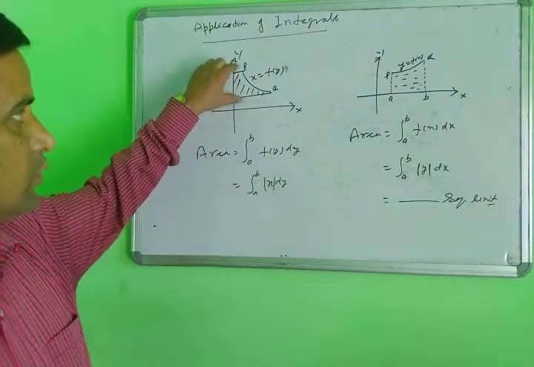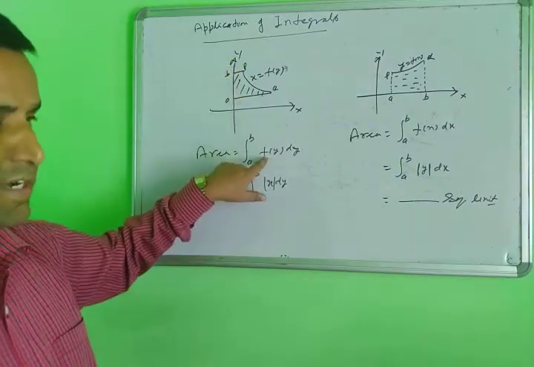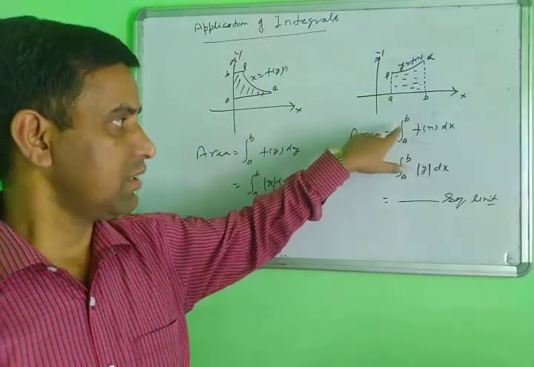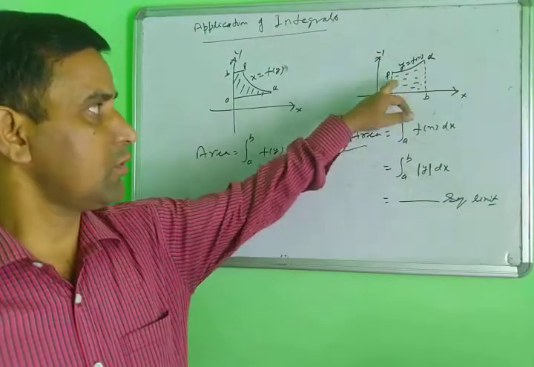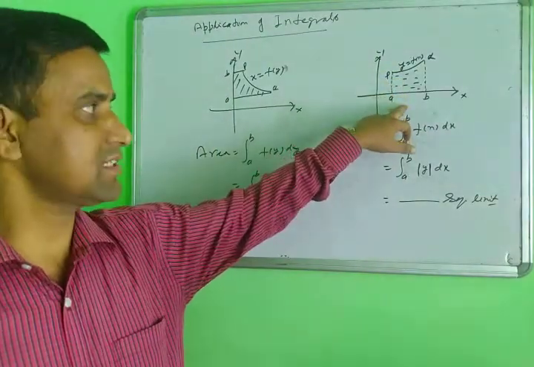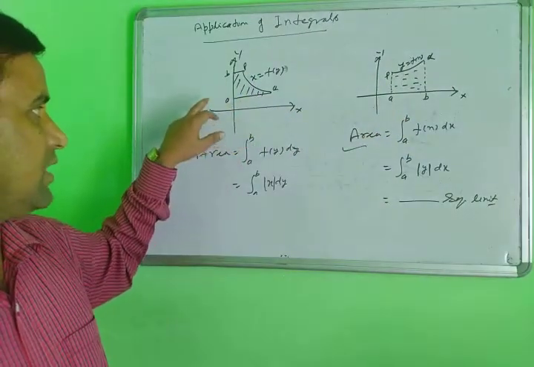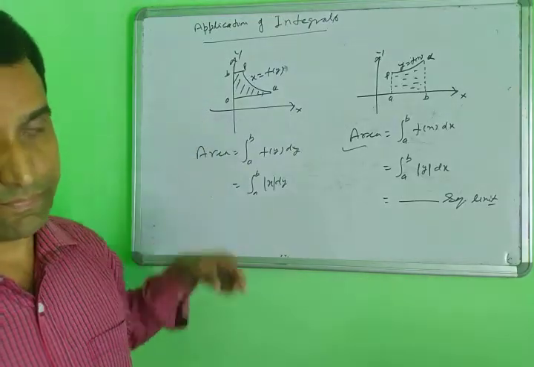Suppose the curve is along the y-axis, then you add using this identity. Suppose the curve is along the x-axis, then you add using this identity. Suppose the curve is on the negative side of the x-axis, then it is minus f(x). Suppose it is on the opposite side of the y-axis, then you write minus f(y).